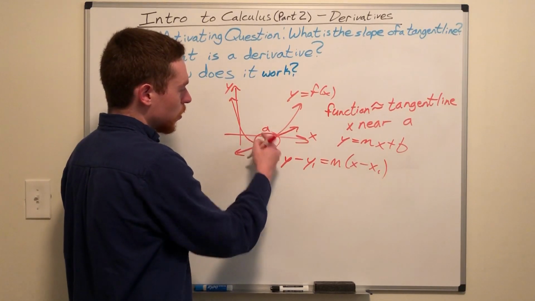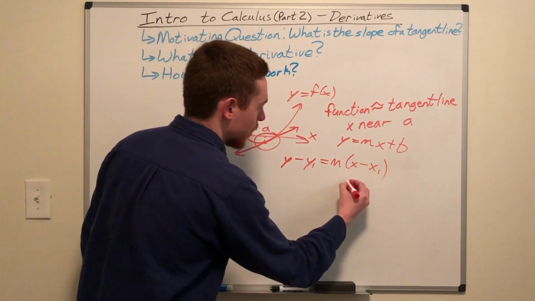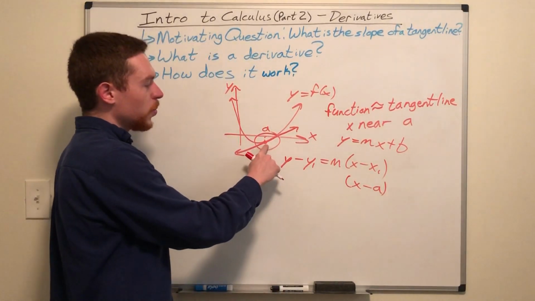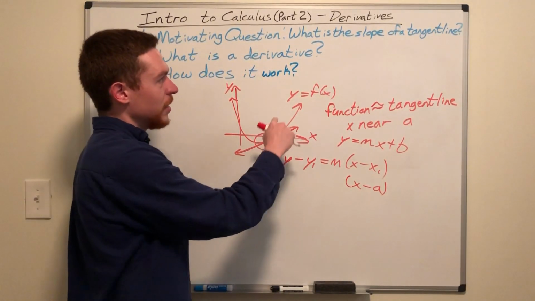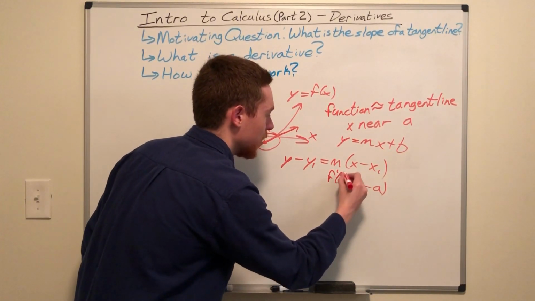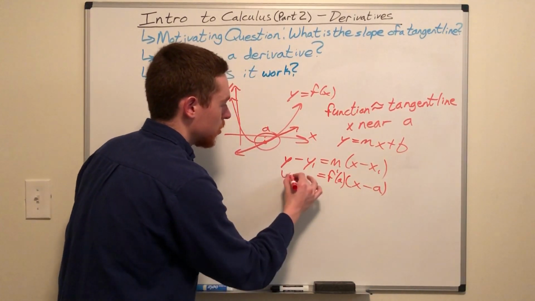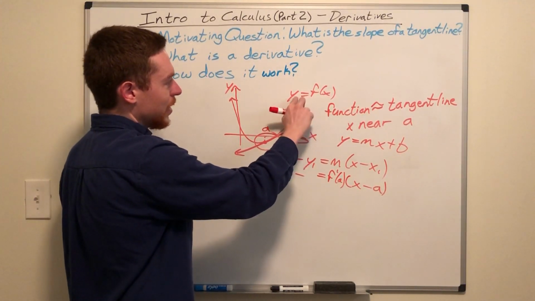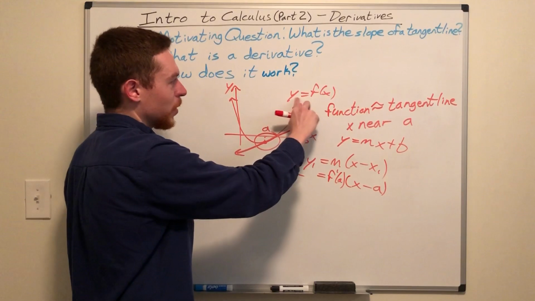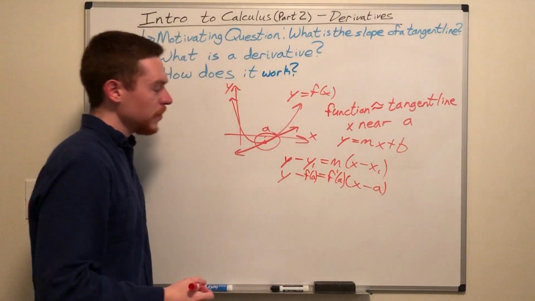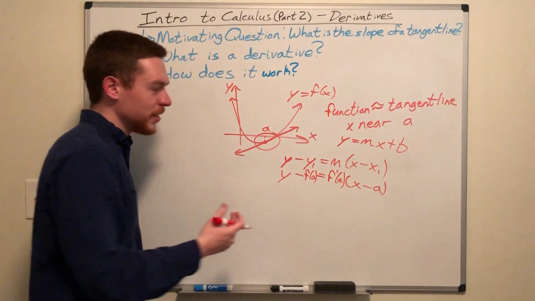Here we know our x value is a. Remember, the slope of the tangent line is the derivative, so my slope is f prime of a. And we just need to find the y value, which comes from plugging a into f of x, so this is just f of a. And boom, we have an equation for our tangent line.